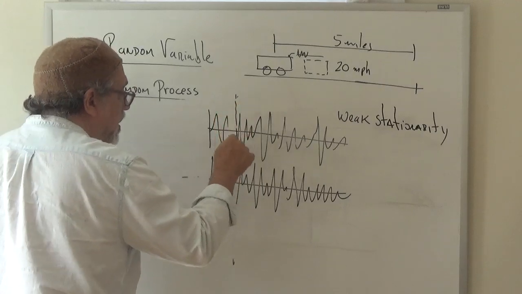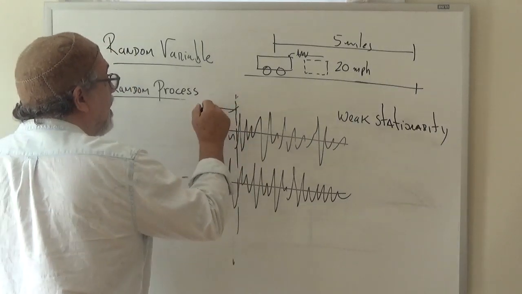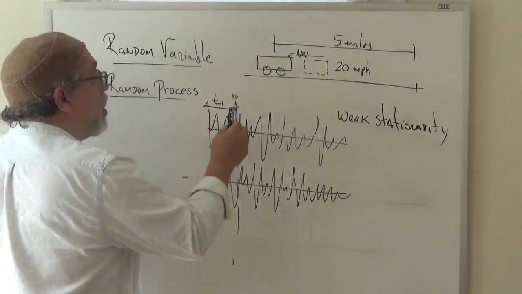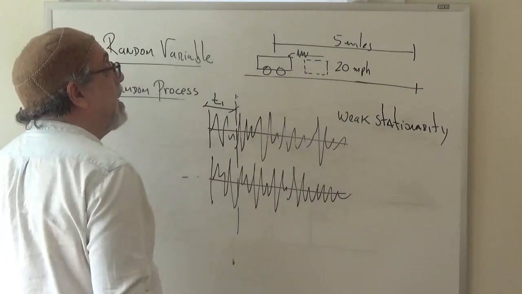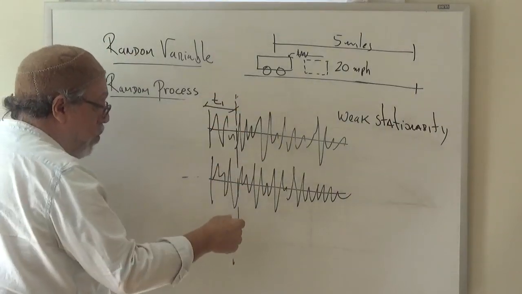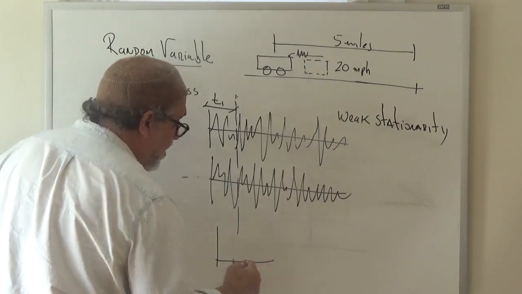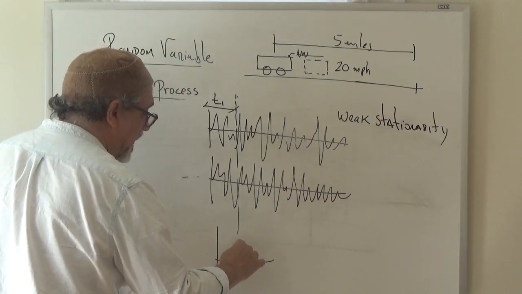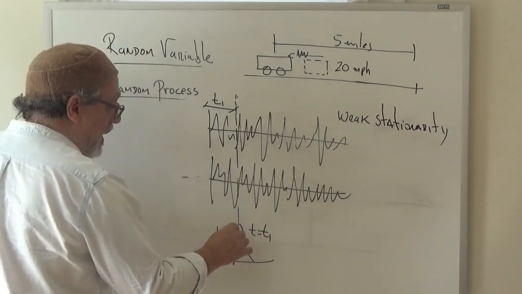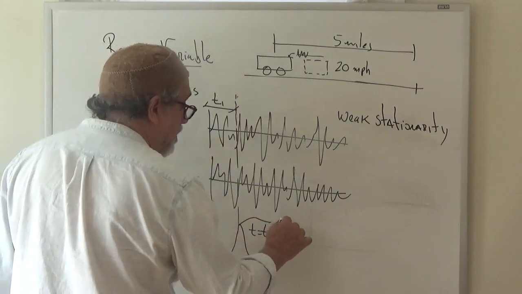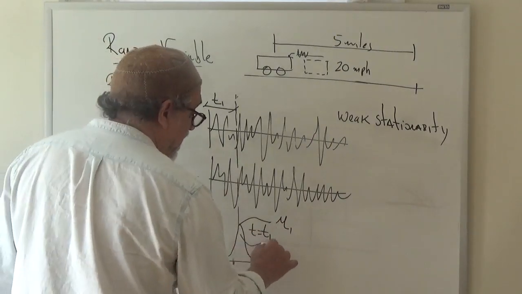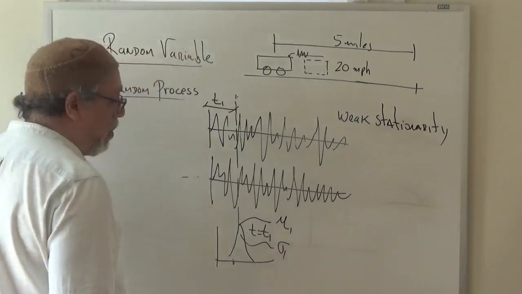Imagine that you cut here at time t1. And again, you don't have to actually think in terms of physical things that you actually did 1 million times, but at time t1, the process has a certain PDF. And so let's say that that PDF at time t1 was this. Now that PDF will have a mean, let's say mean 1, and it will have, in this particular case, a standard deviation sigma 1.